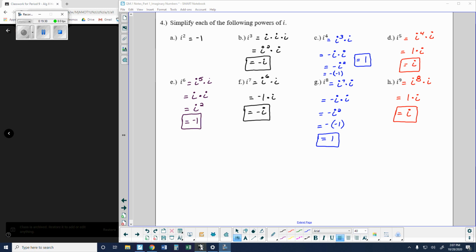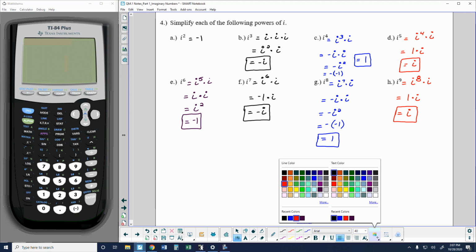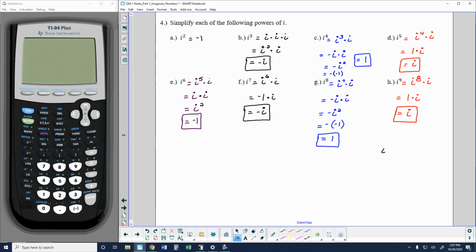So what we may notice here is that this continues to repeat based on the first 4 powers of i. So i to the first power is just i. i to the second power is -1. i to the third power is -i.